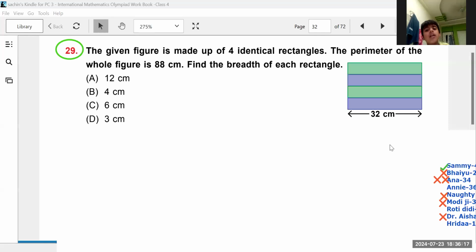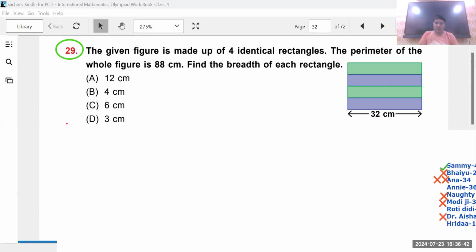Sir, can I take one chance? Beta, if you want to send it, send it, but you will not be eligible for kids if there is no time. Ma'am will check. So Annie, keep your camera on. Miss Annie, don't turn off your camera.